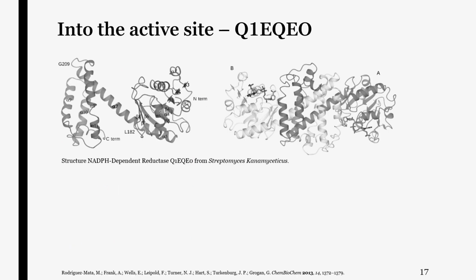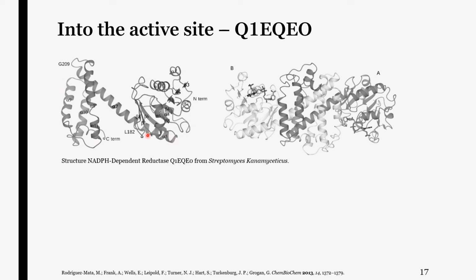So let's have a closer look at the structural biology part. The imine reductases contain an N-terminus where the cofactor NADPH is bound. Then this N-terminus is connected via a helix, the interdomain helix here, with the C-terminal domain, which is not so conserved like the N-terminus.